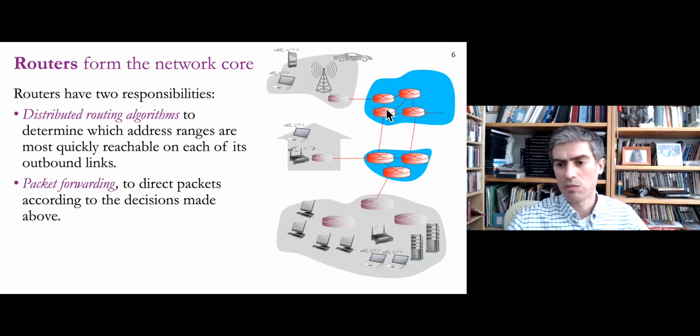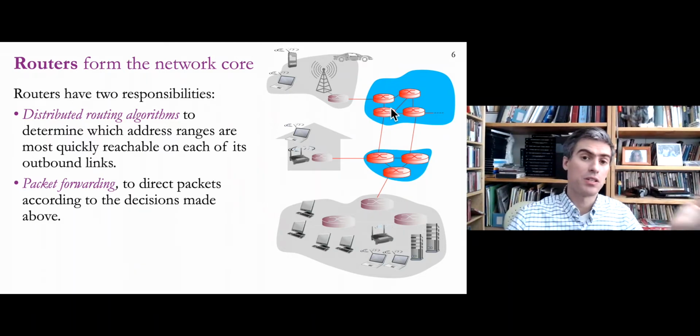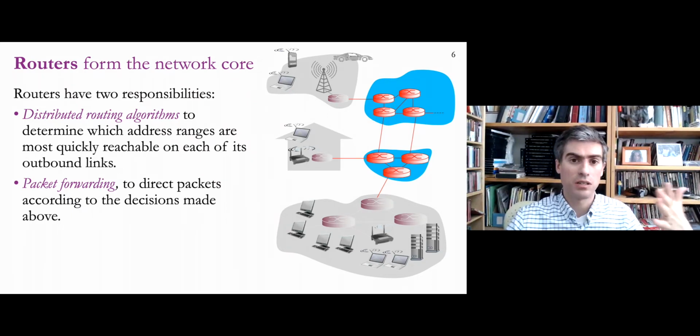These routers have multiple connections, and when a packet comes in, the router needs to make a choice of which of the several links it should use to forward that packet so that it reaches its final destination. The packet will have an IP address on it for the destination. The router needs to figure out how to get to that destination, and it uses a distributed routing algorithm to figure that out. We'll talk about that at length; one of the projects will cover that.